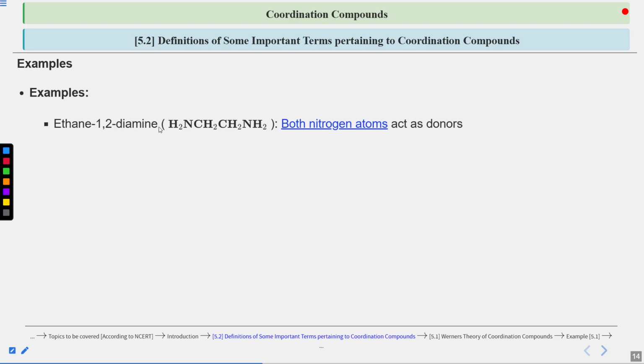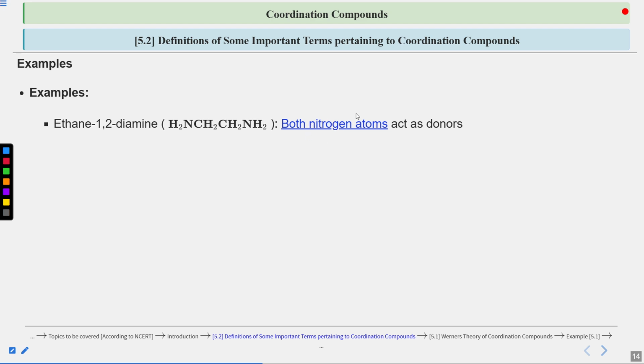Ethane-1,2-diamine, that is NH2CH2CH2NH2, is an example of a didentate or bidentate ligand. In this ligand, the donor atoms present are nitrogen atoms.